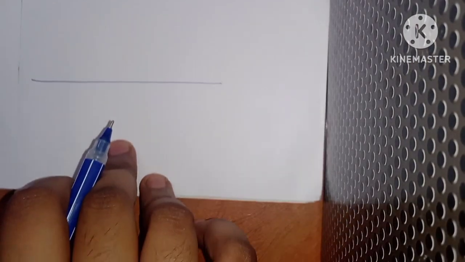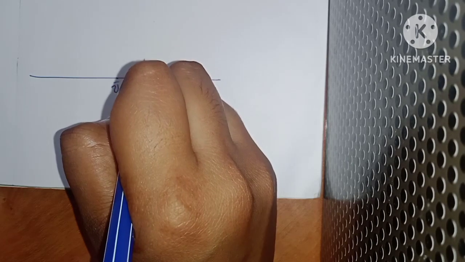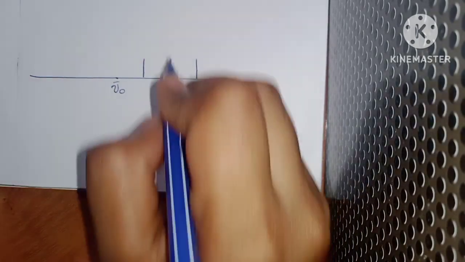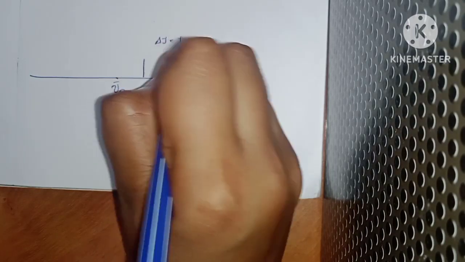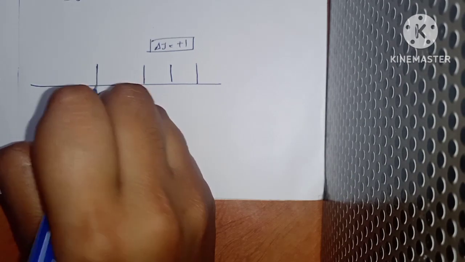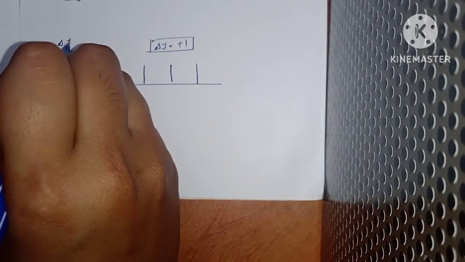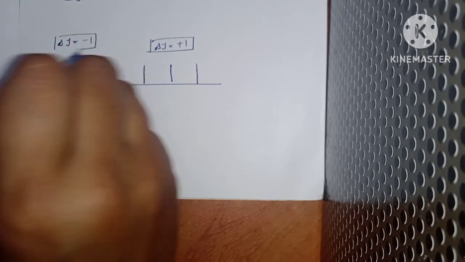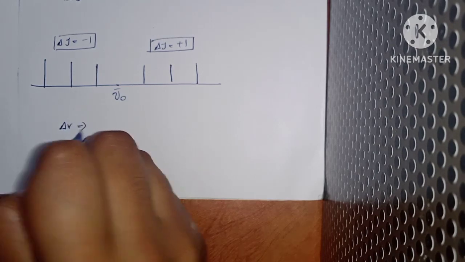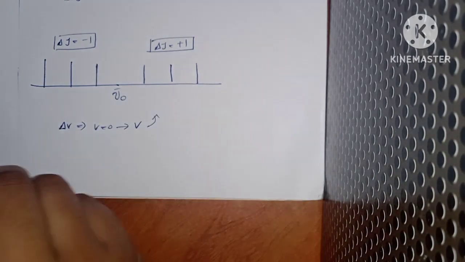So if mu bar 0 is here, this mu bar 0 plus 2b, mu bar 0 plus 4b, mu bar 0 plus 6b, these are the delta J plus 1 set. And this mu bar 0 minus 2b, mu bar 0 minus 4b and mu bar 0 minus 6b, this is the delta J minus 1 set. So here vibrational transition is there from V equal to 0 to V equal to 1 along with rotational transition.